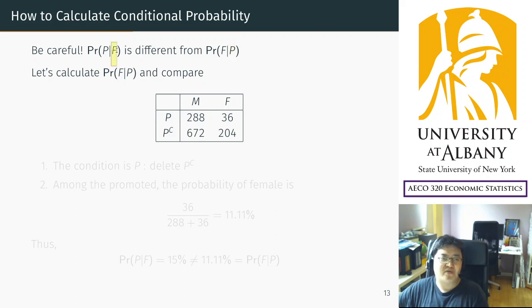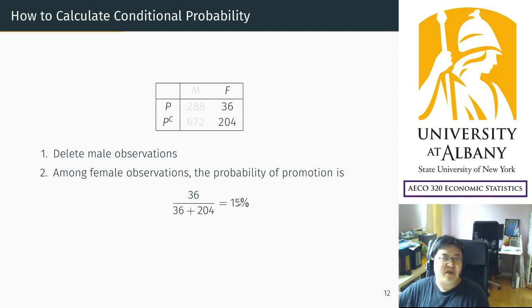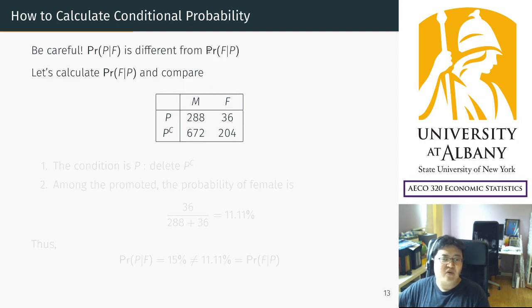But we are interested in the probability of this main event, right? Now, we calculated this number, the probability of promotion among female police officers. That was what we calculated earlier. We had 15%. Now I am going to calculate this other conditional probability, and I will show you this is different from the earlier one.